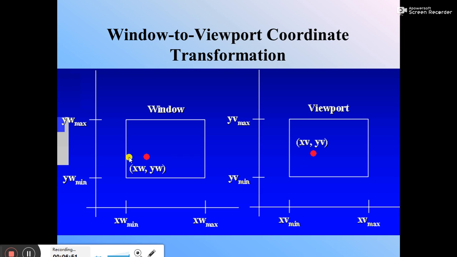In the same way, the ratio in the y direction with the y boundaries should also be equal, because only in that case can we map the point and display it in the viewport on your monitor.